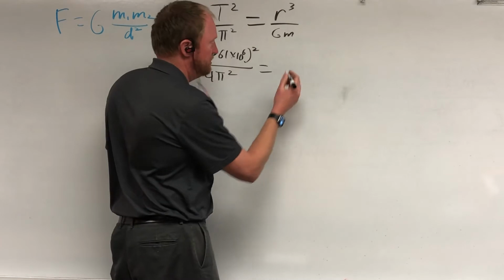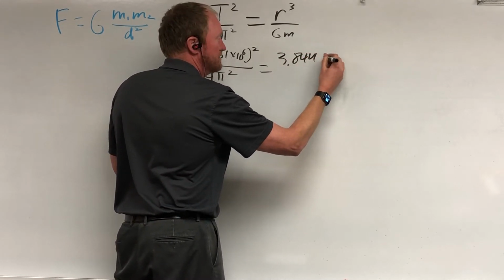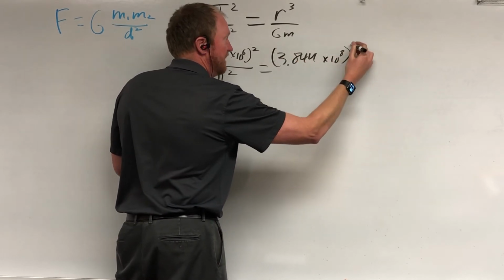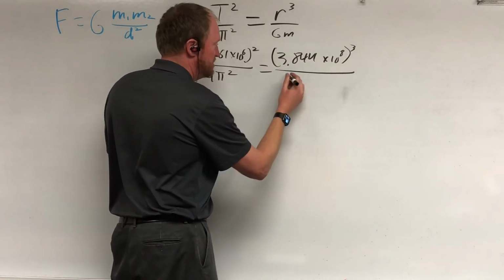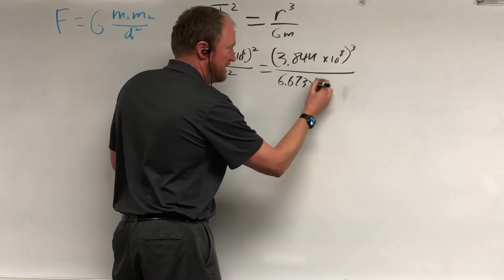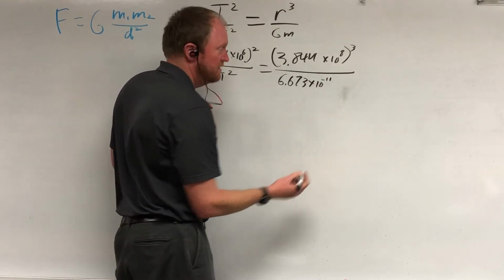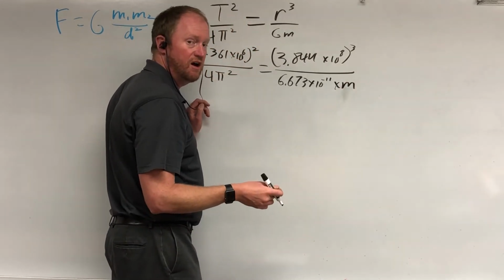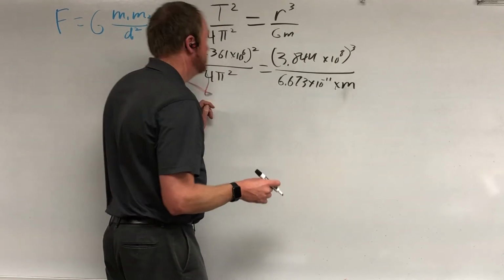So that would be 3.844 times 10 to the 8th meters. And again, that's going to be all cubed. Gravitational constant, I got 6.673 times 10 to the negative 11. And of course, the thing we're trying to find, the mass of the Earth, the mass of the object being orbited.